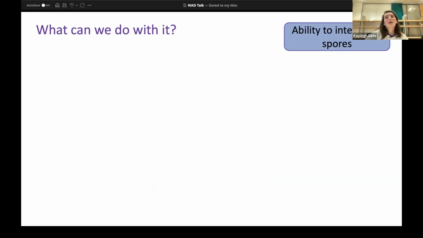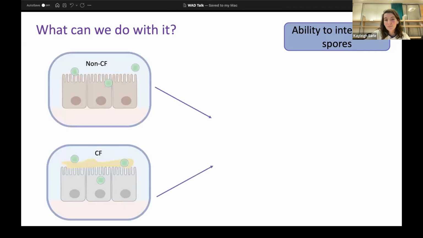We can also then look at the ability of our cells to internalize spores. So one of the mechanisms in getting rid of inhaled spores is internalization by the epithelial cells. So essentially the cells are able to take in the spores, and then once they're inside the cell, they can kill them.